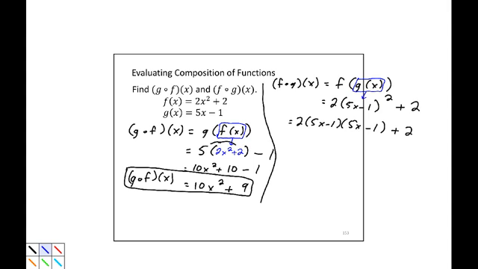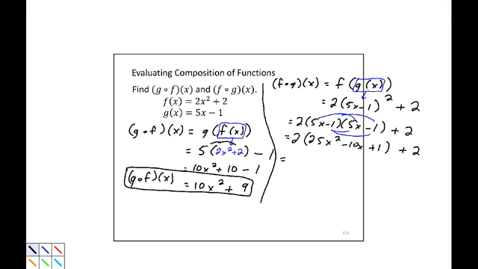Go ahead and multiply these together. 25x squared minus 5x and another minus 5x, that would be minus 10x plus 1. Now I'm going to bring this plus 2 down, but I don't need to forget to multiply that 2.